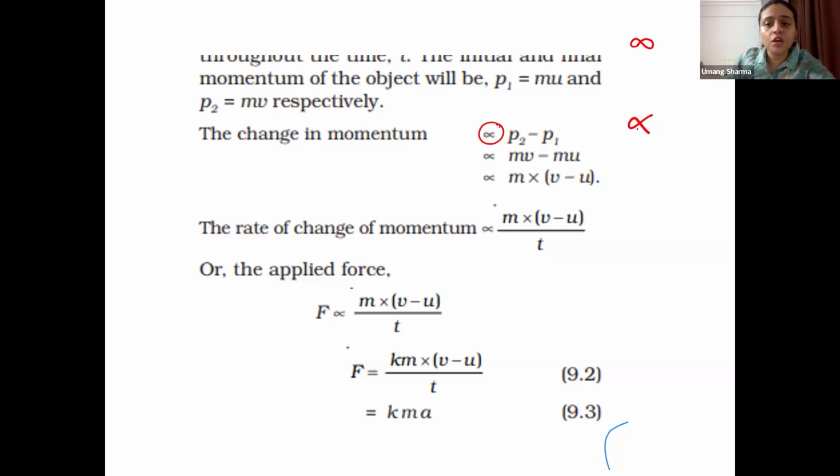So when we cancel out this proportional sign, we put equal to, and when we put equal to, we have a K. K is termed a constant. Getting my point? So K here is a constant, because we are removing the proportional sign, that is why we write K.